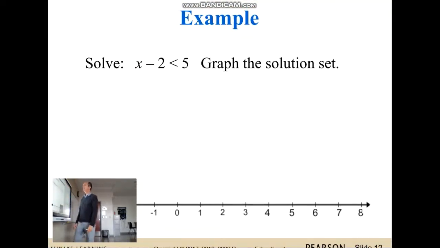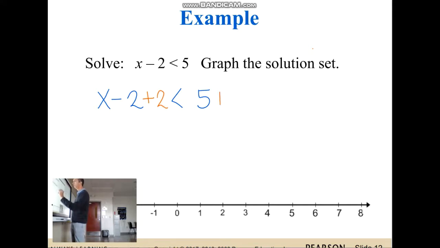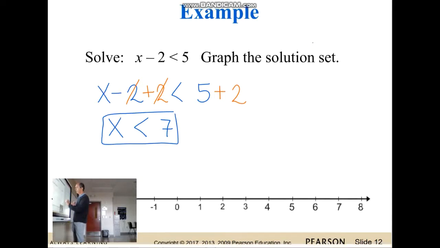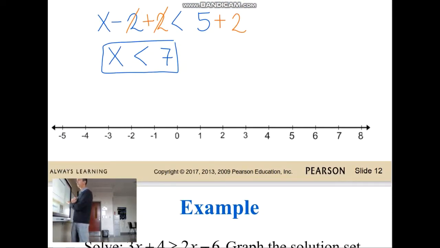Example, solve this inequality here: x minus 2 is less than 5. Applying the addition property, if we want to, we can add 2 on both sides, and the inequality is still valid. We can simplify, and we have x less than 7. This is the resulting inequality, which we can represent using the number line.